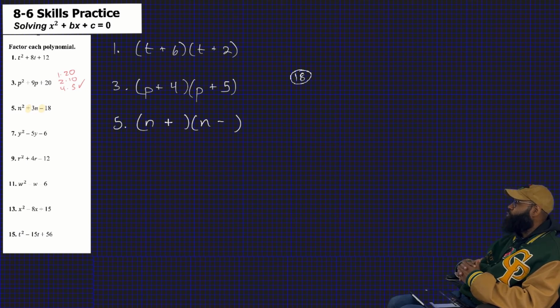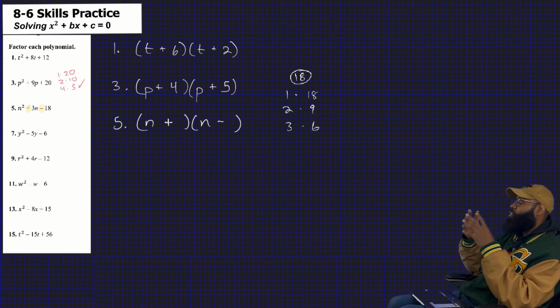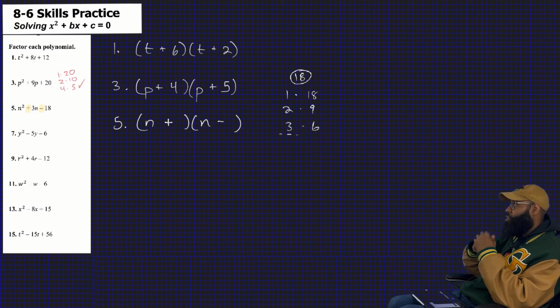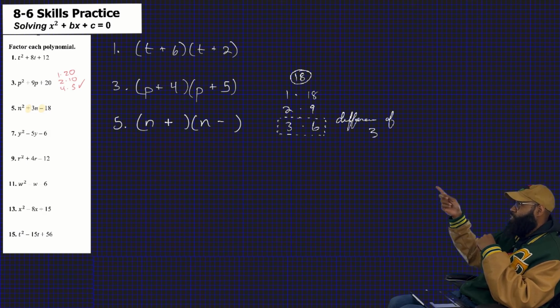So my options for 18 are 1 times 18, 2 times 9, and 3 times 6. So which one of those, not when you add them, but when you find the difference? Because again, one of those is a positive and one of those is a negative. So what's the difference between 1 and 18? 17. What's the difference between 2 and 9? 7. But the difference between 3 and 6 is 3.